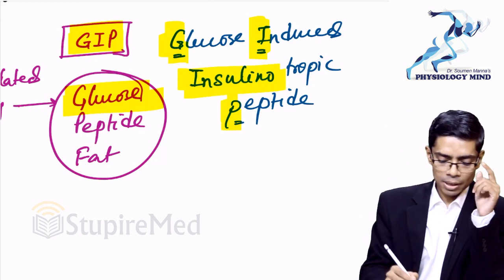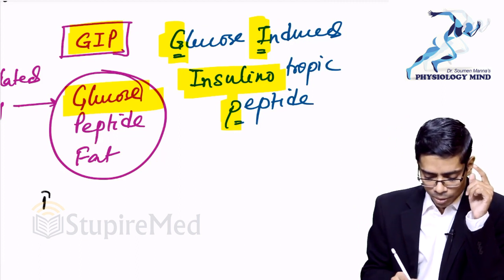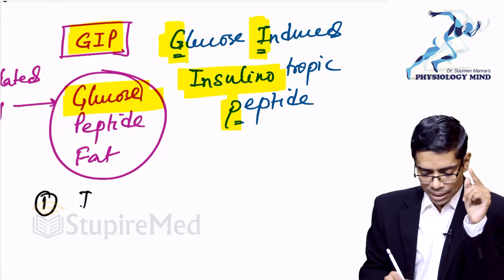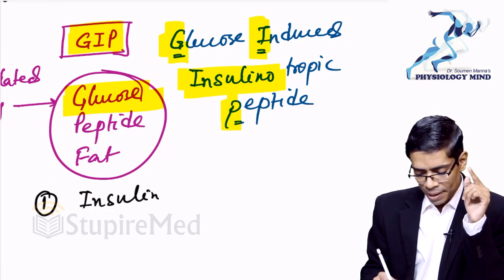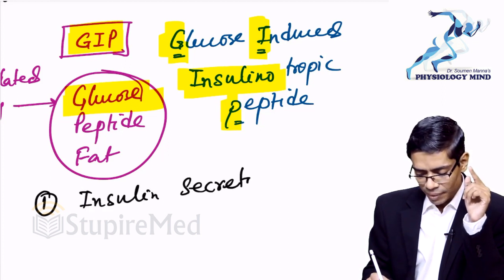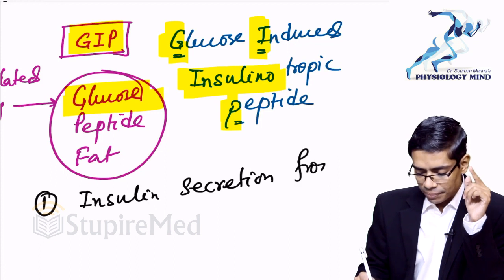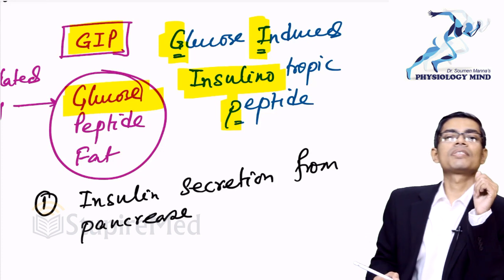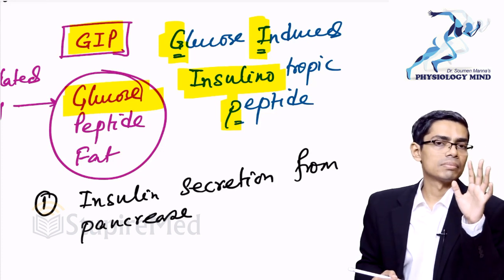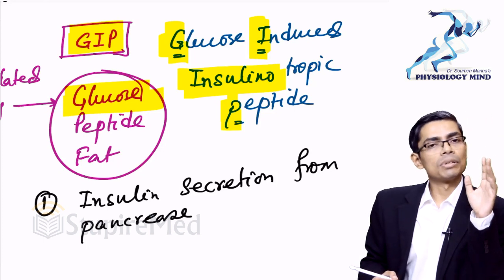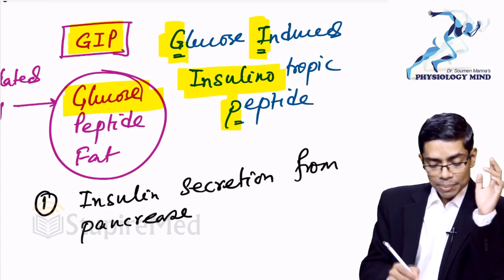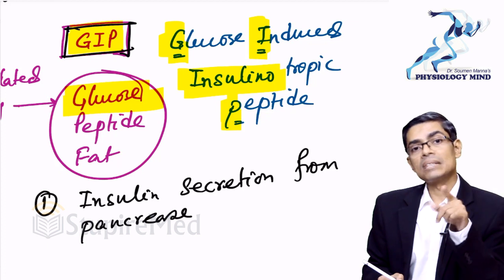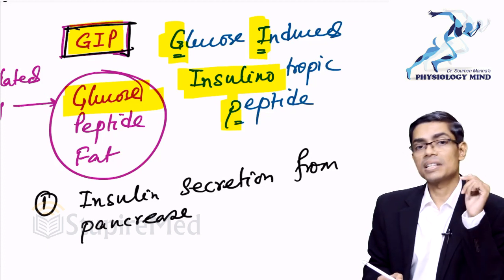Please note down, this is the normal physiological function of GIP, that is insulin secretion from pancreas. This is the only physiological function of GIP. Initially the GIP name was given because it was thought that GIP means gastric inhibitory peptide, it inhibits the stomach secretion.